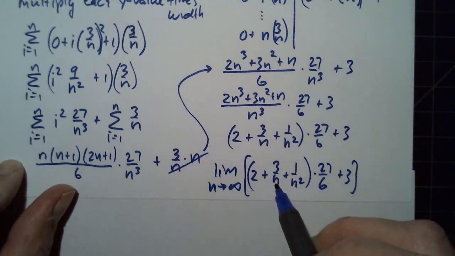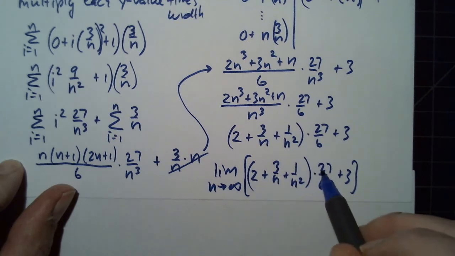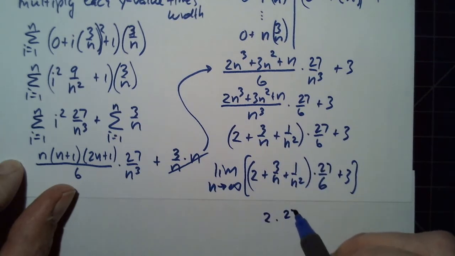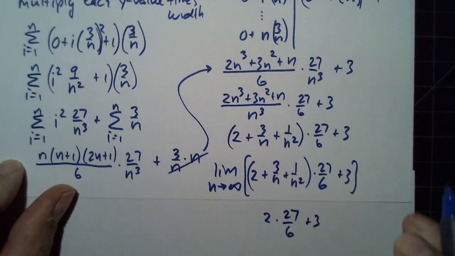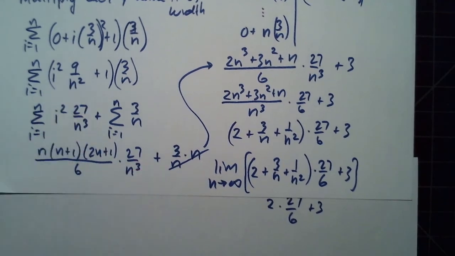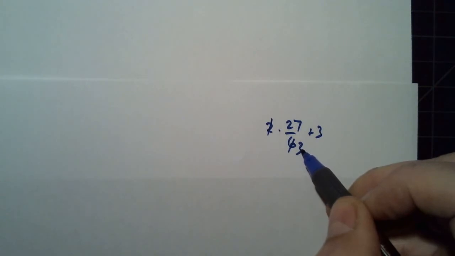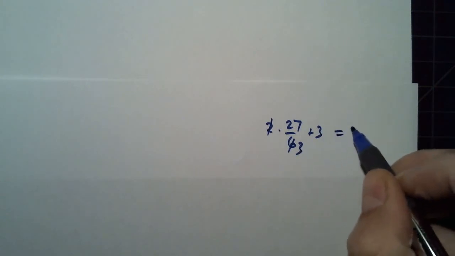And we have 0. As n goes to infinity, that's 0, 0. So we have 2 times 27 over 6 plus 3. And that's going to give us, cancel that, 27 over 3 is 9. 9 plus 3 is 12.